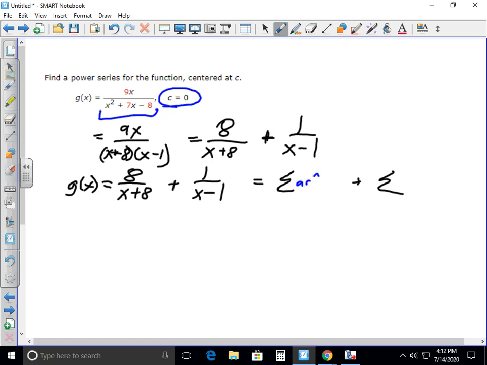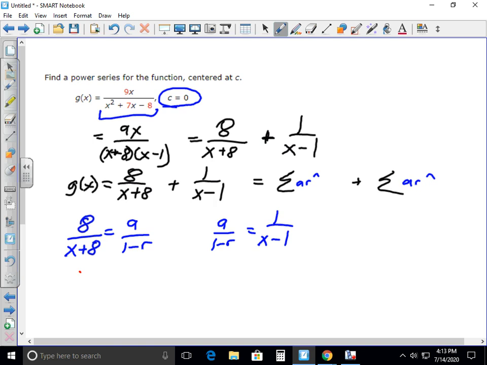So we're going to try to use a geometric series, and we want to find out what A and R would need to be for our geometric series to add up to that, and then what A and R would need to be so that our geometric series adds up to this.